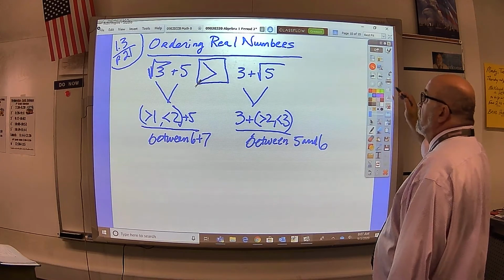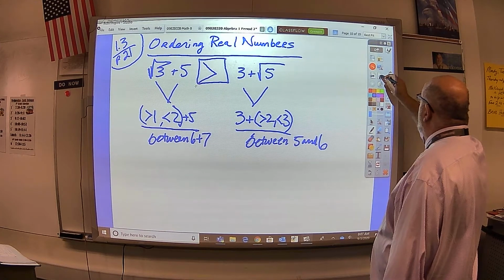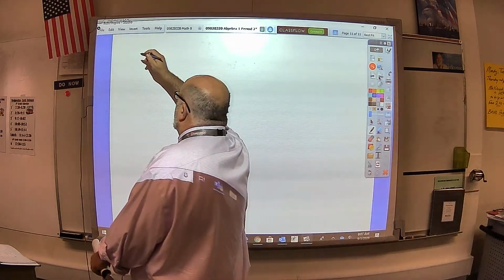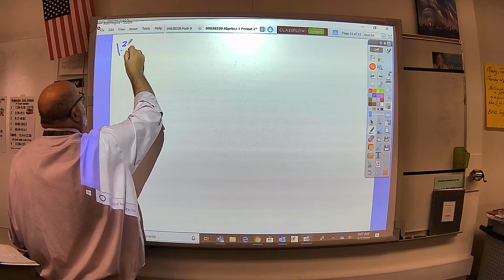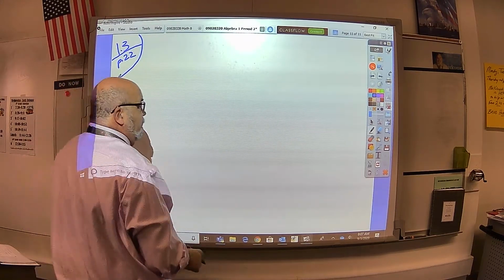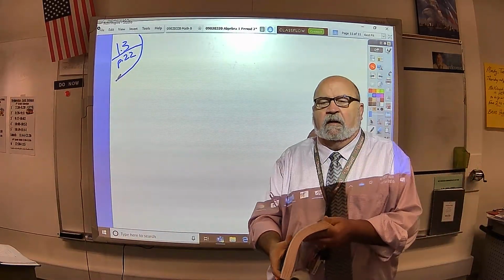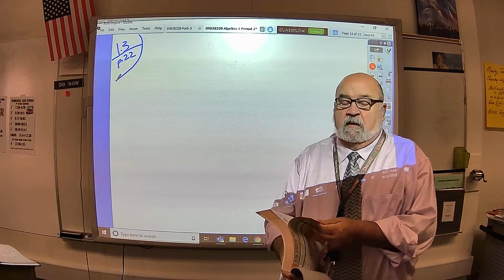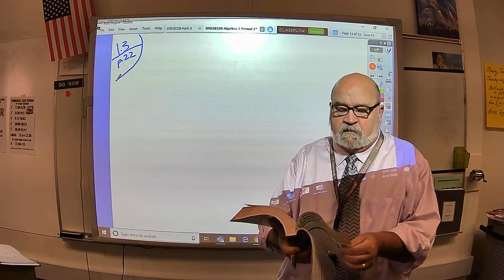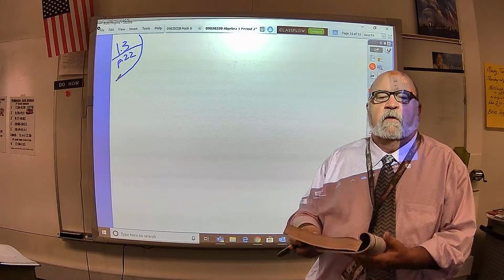Now we're going to move on and spend a little time on page 22, still in 1.3. This is not a really difficult thing to accomplish and to get correct most of the time, but you've got to be paying attention to what's going on.